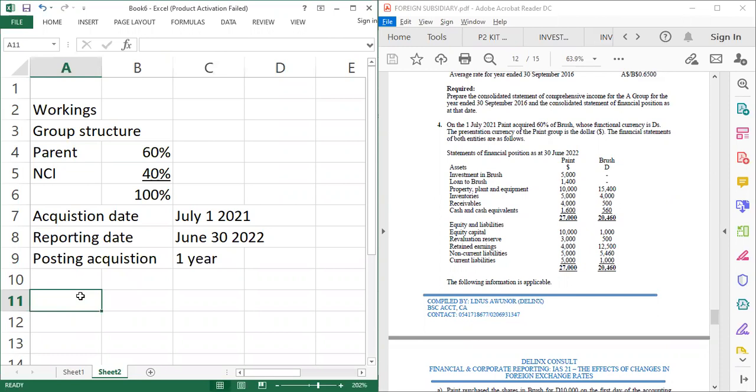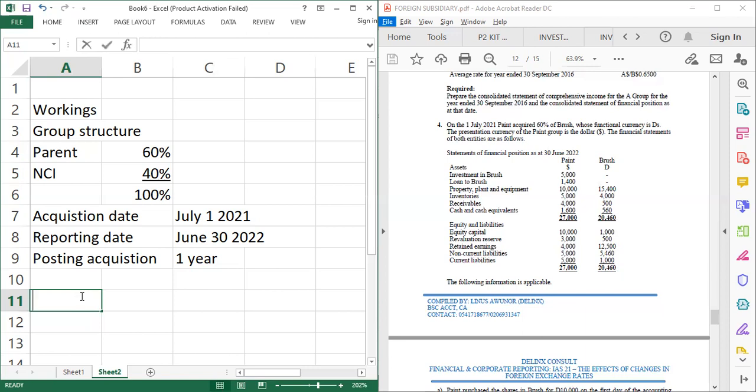After this, what some people are familiar with is the net asset method. I don't want to confuse anyone, so I will do the net asset method for you. We want to know the value of the subsidiary at the date of acquisition, and also the value at the reporting date, so that we can find our profit for the year.